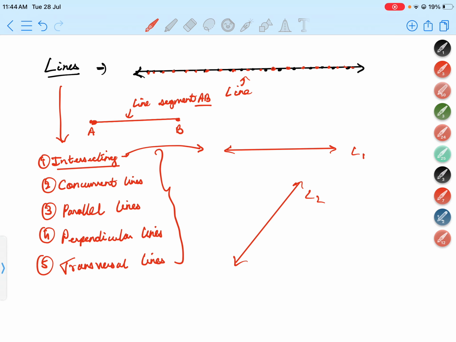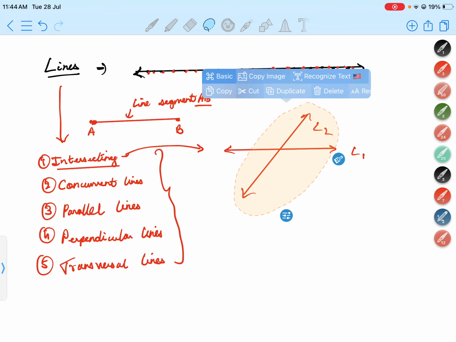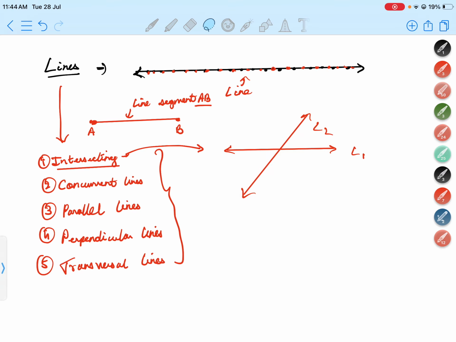These two lines will be called intersecting if line L2 cuts line L1 at some point, let's say O. Similarly, concurrent lines are the same thing as intersecting lines, but for three or more lines.